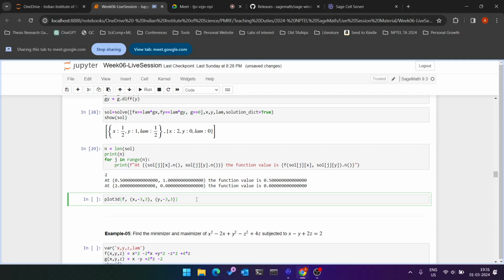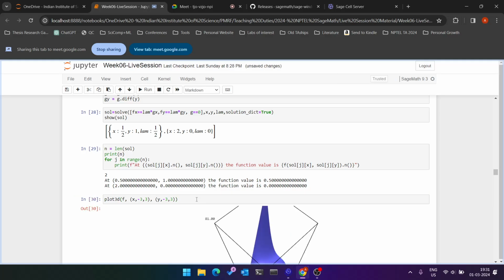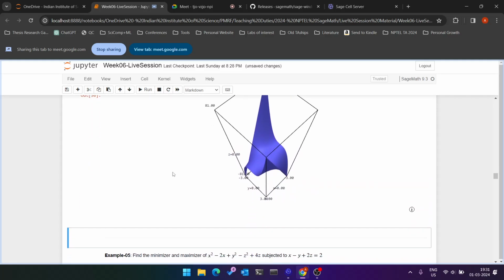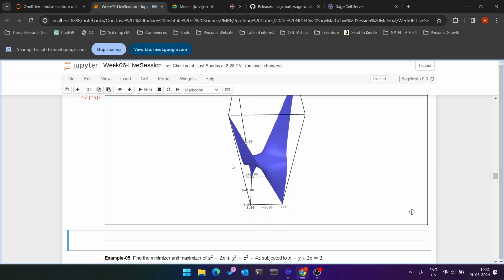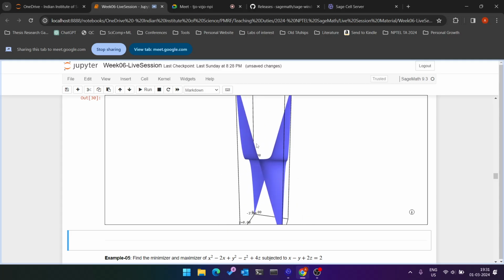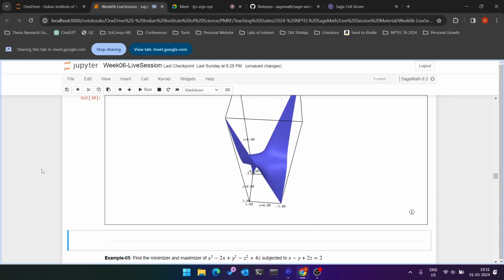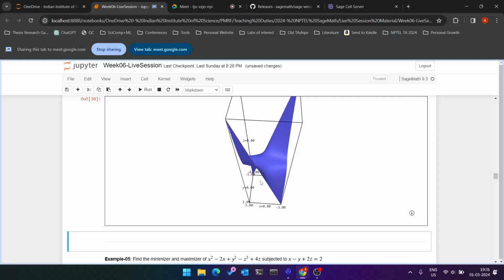If I now do a 3D plot for the function f of xy, z equal to f of xy, this is how it looks like. So the first and the third quadrants increase very rapidly, whereas the second and the fourth quadrant decrease very rapidly. Somewhere here in between we have our constraint line.